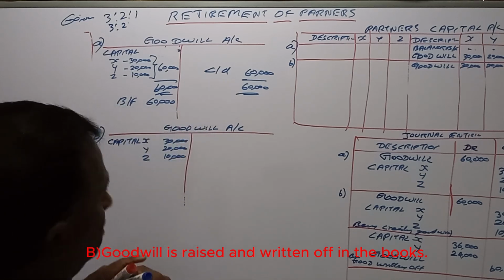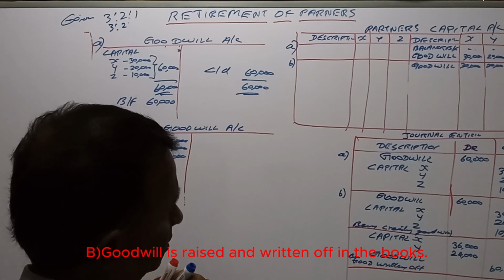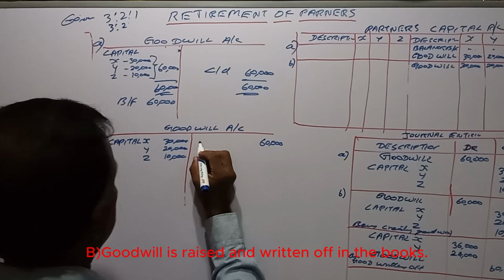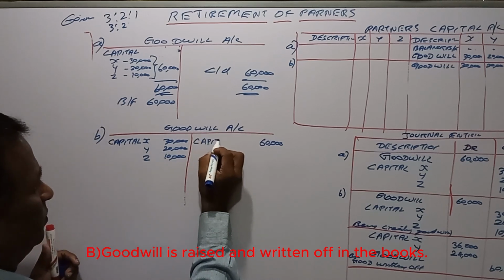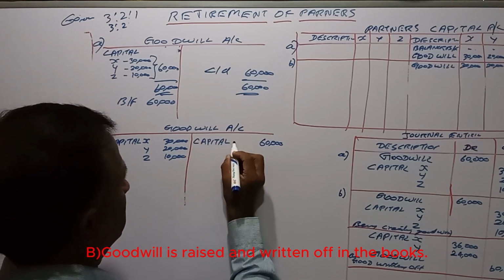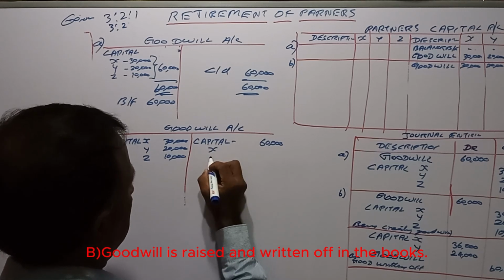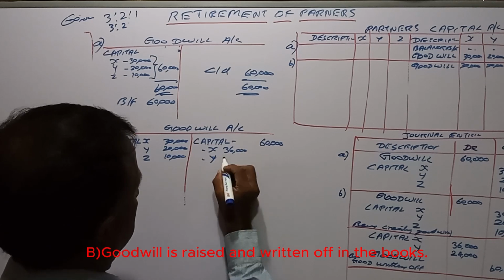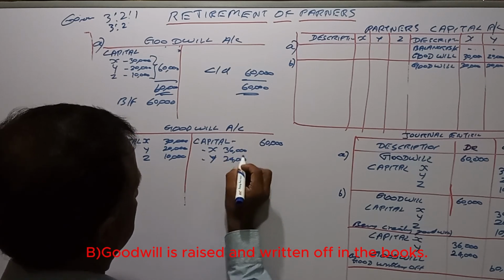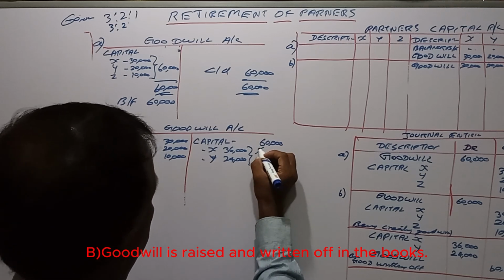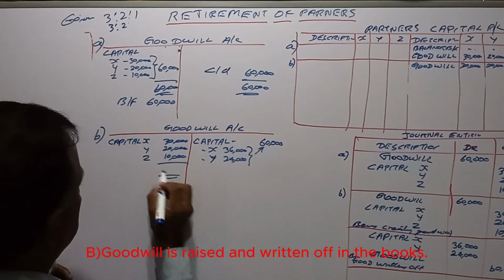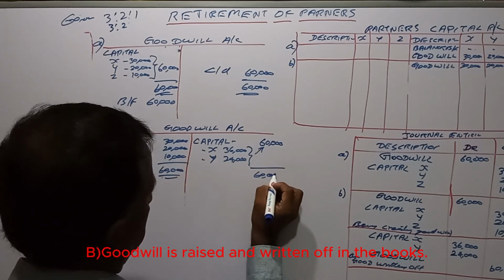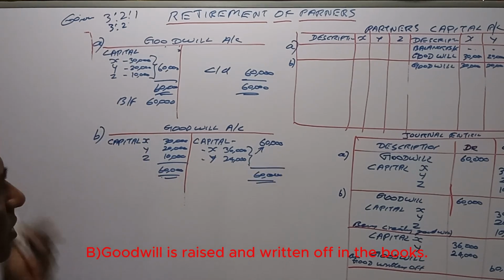Capital account, goodwill account credit 60,000. Right? That is capital account X and Y, 36,000 and 24,000. It is 60,000. Here 60,000, no balance.